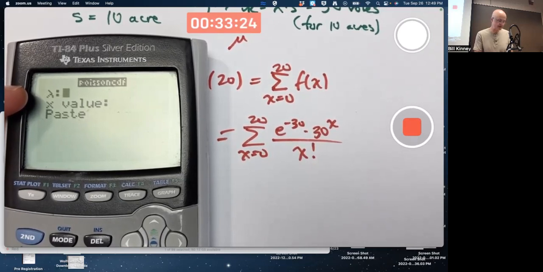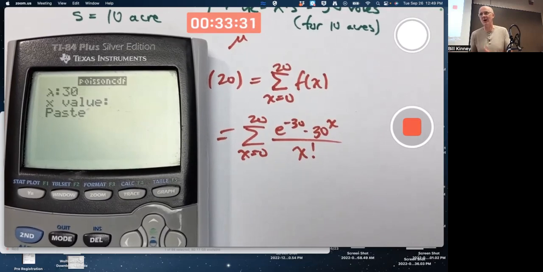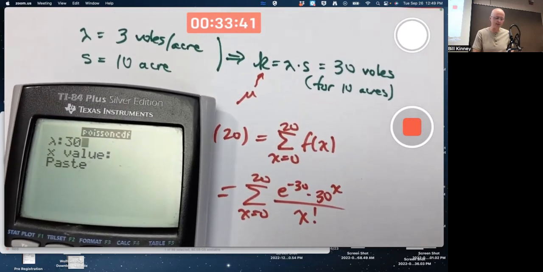As far as the calculator is concerned, lambda is k. Lambda is mu. Yes, and some people just call it lambda instead. So our book uses k, but we've seen it is the mean, so we could call it mu. But some people just say, why bother with the lambda, k equals lambda times s? Why not just use a lambda to begin with?